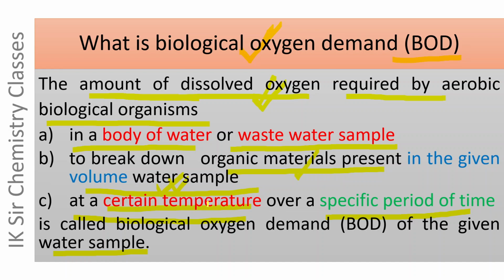The temperature also must be specified over a specific period of time is called biological oxygen demand. Three things must be specified in the definition of biological oxygen demand: the volume of water sample, the temperature, and the period of time.